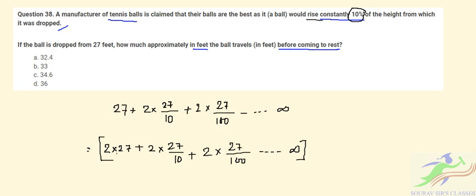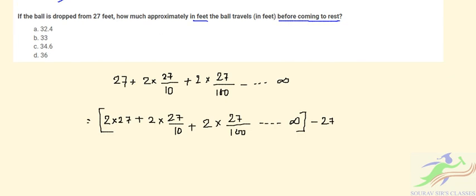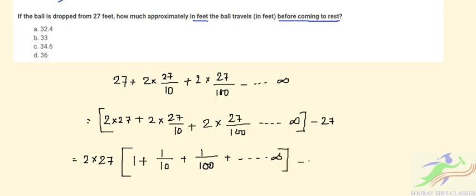We have added 27 extra, so we subtract it. Taking 2 into 27 common, it will be 1 plus 1 by 10 plus 1 by 100, and so on, minus 27.